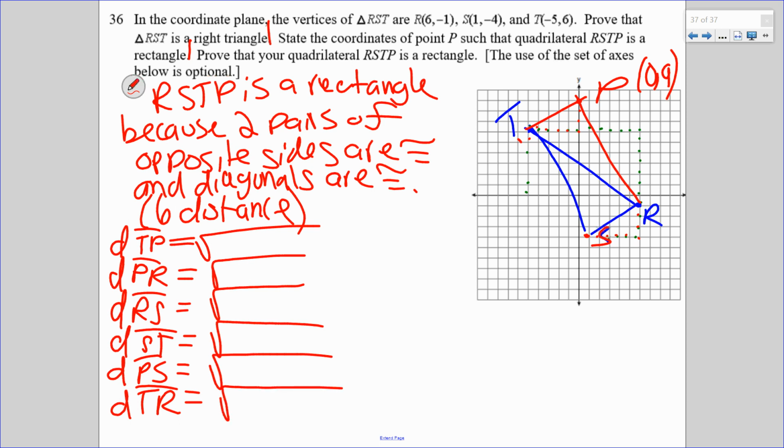TP, 1, 2, 3, 4, 5, 1, 2, 3. PR, we've got 1, 2, 3, 4, 5, 6, 1 through 10. RS, we've got 1, 2, 3, 4, 5, 1, 2, 3.